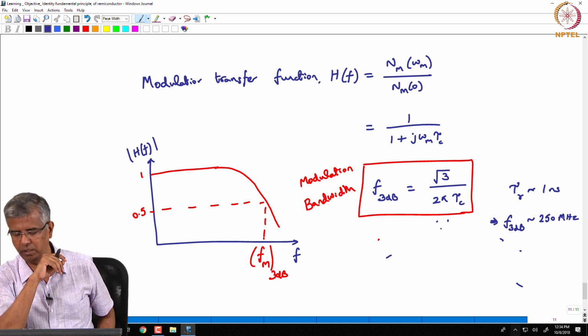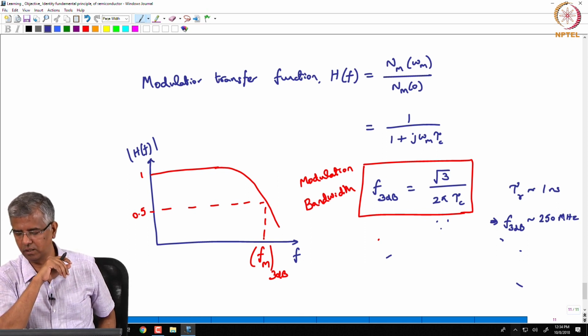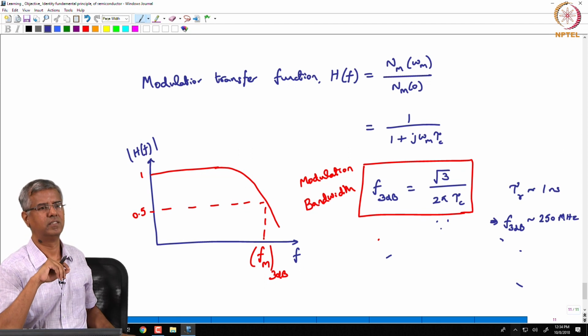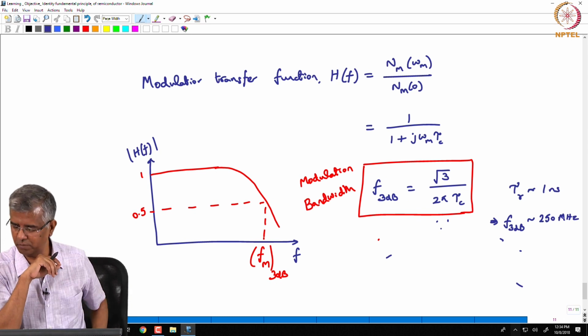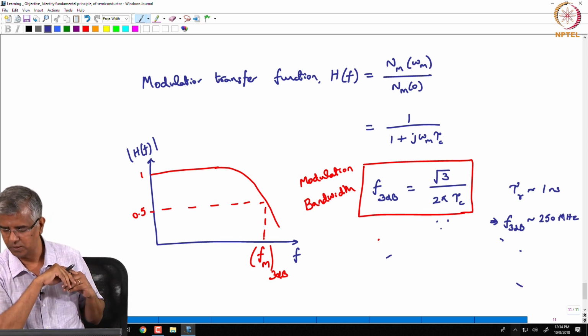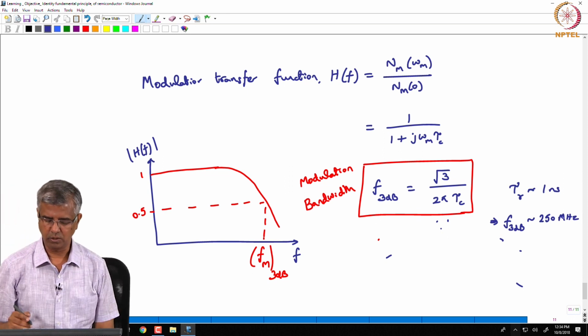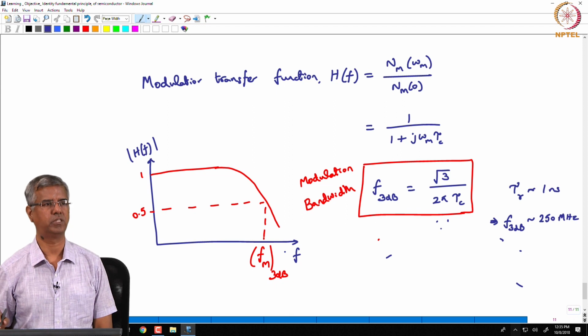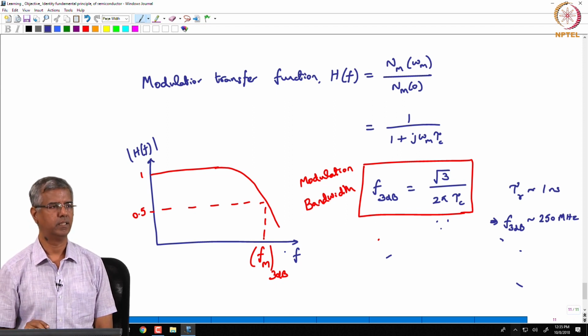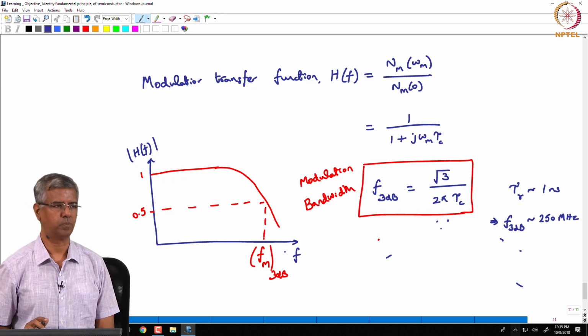Now, I know there is one company which is trying to achieve 60 gigahertz communication. So, you say if my modulation bandwidth is only 250 megahertz, how am I going to respond to 60 gigahertz? Well, you just follow this modulation transfer function curve, and you go all the way up to 60 gigahertz, you will find that h of f is very small, but it is not 0, right.